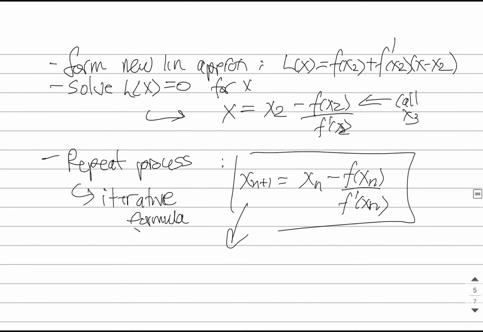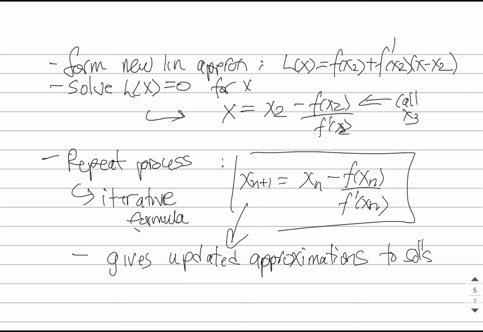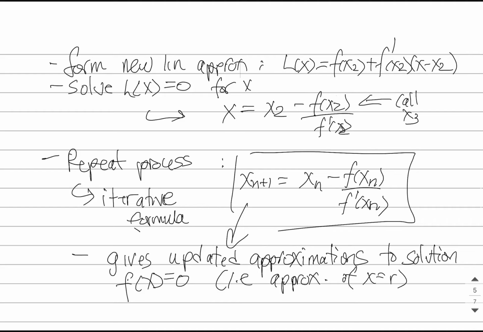And what this does is it gives updated approximations to the solution of f of x equals 0. So that root that I started with, that I'm trying to find, I can approximate the value of x equals r using this method.